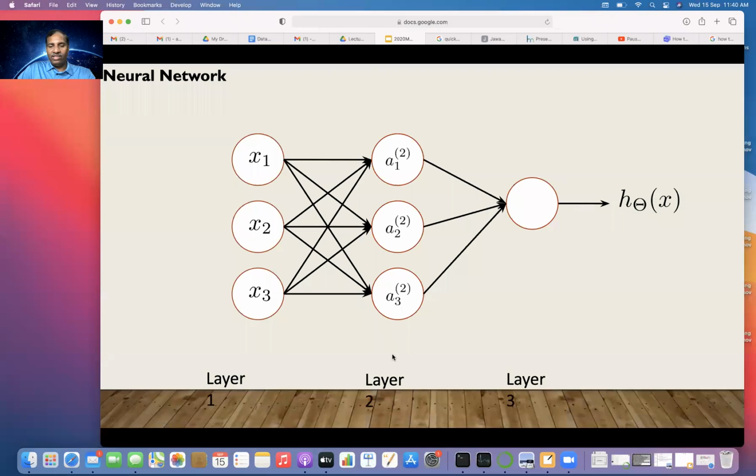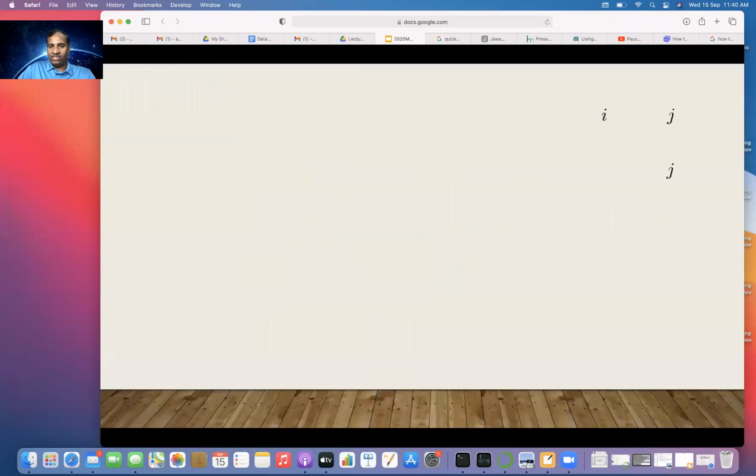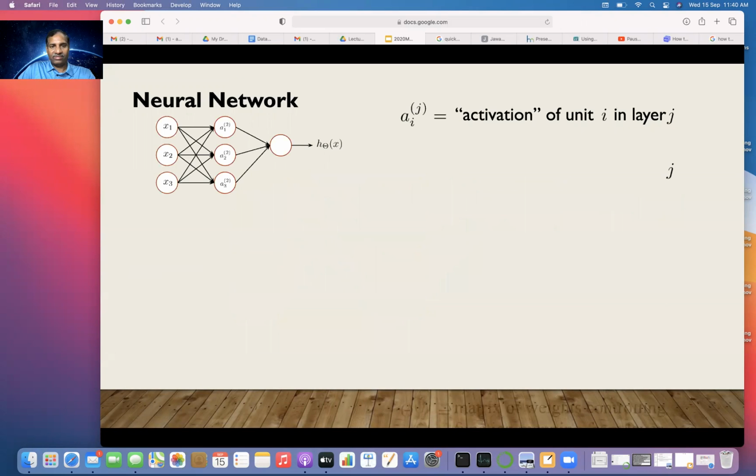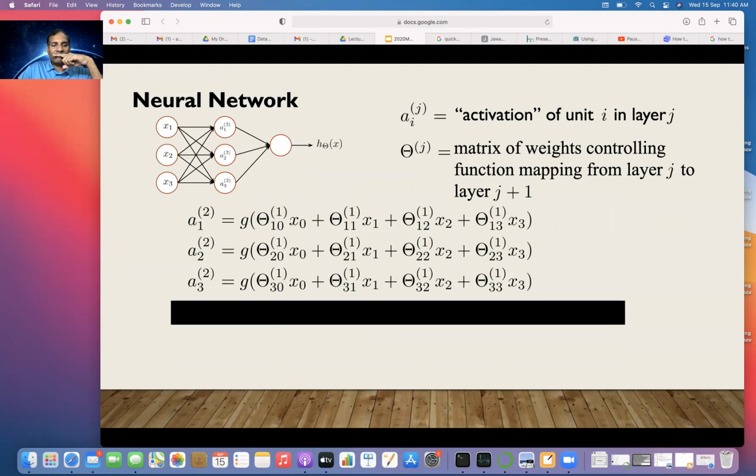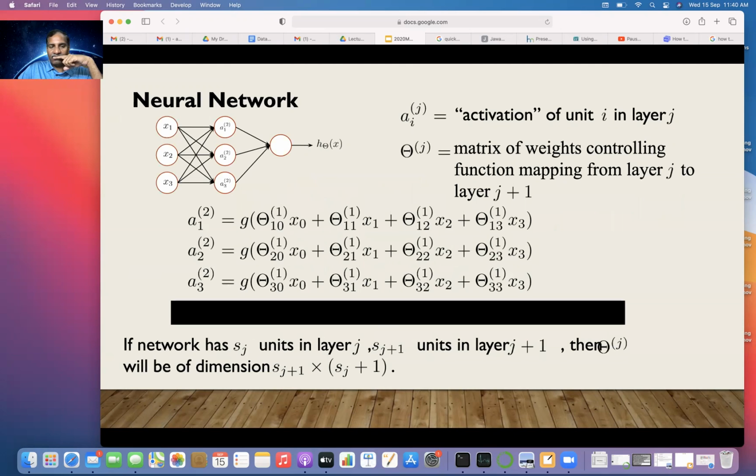So this is layer 1, layer 2, layer 3. We will see how we need to assign weights now. Okay. A_i^(j) is the activation of unit i in layer j.